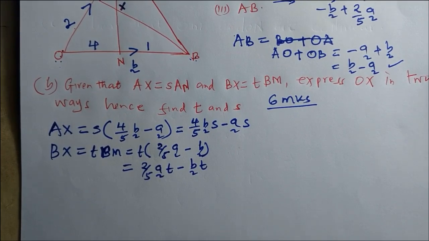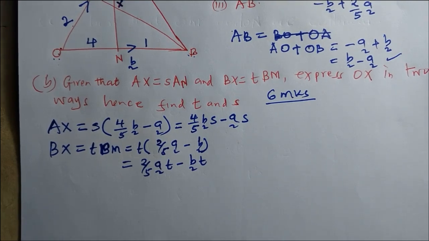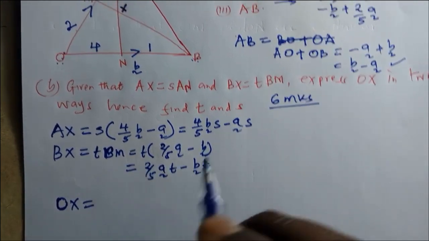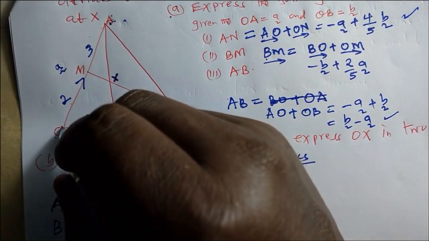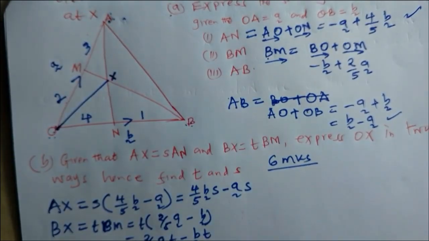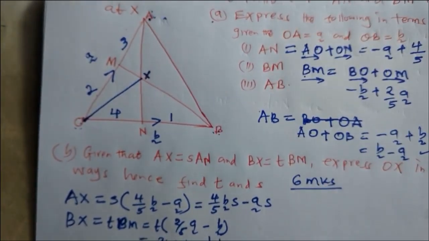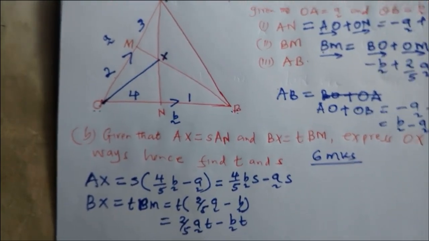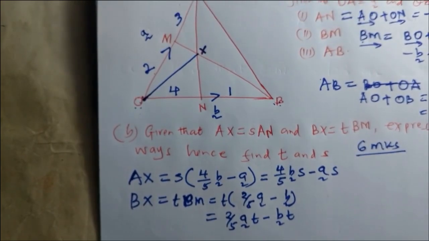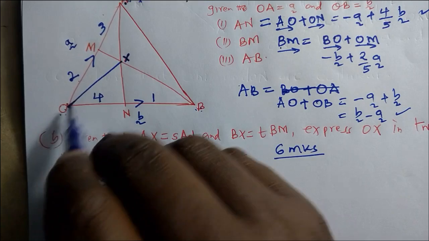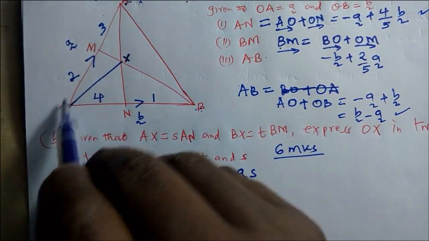Now that one is important because now we want to express OX in two ways. We have OX there that we want to express in two ways. So OX can be OA plus AX.